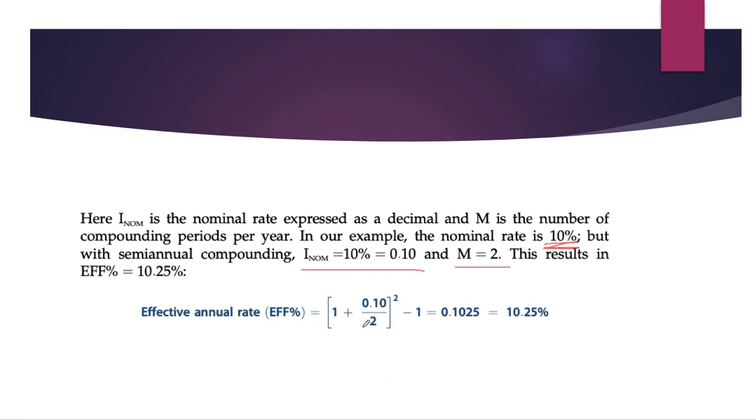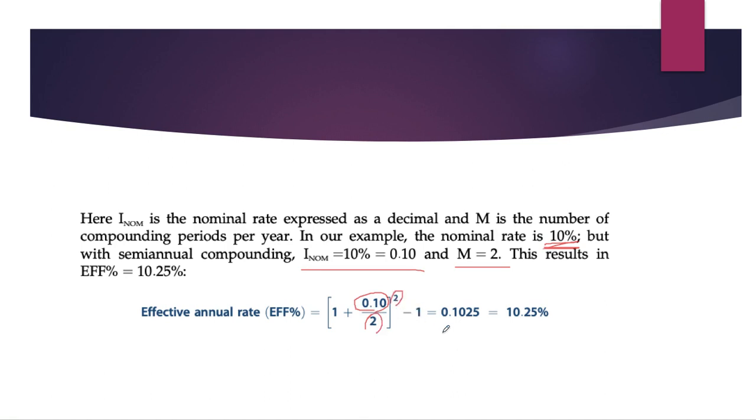If we put things back, we can calculate the effective annual rate, since we can reinvest one more time at the end of the 6 months time period. So you have the nominal rate divided by 2, take the square, minus 1.